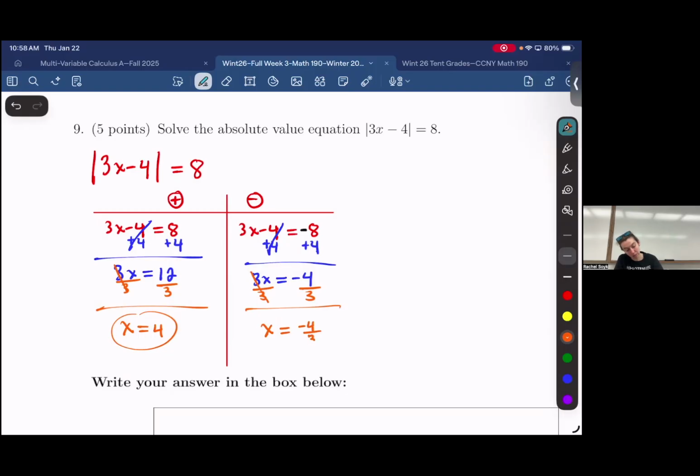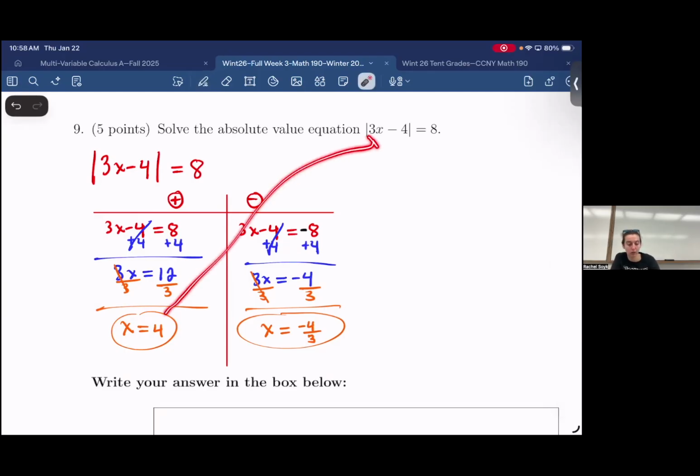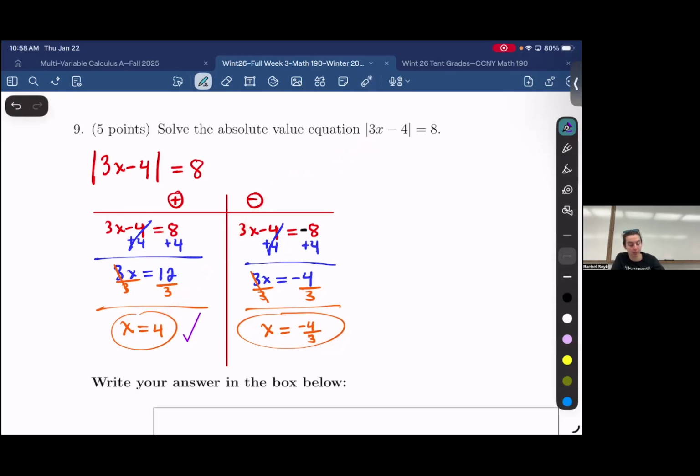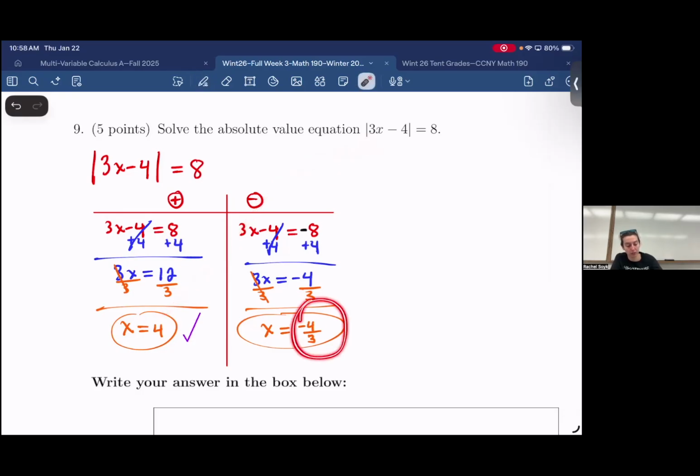Last but not least, we have to plug this back in to check to see if we have any extraneous solutions. So let's plug in 4. 3 times 4 is 12. 12 minus 4 is 8. Absolute value of 8 is 8. That does indeed work. Let's plug in negative 4/3. Negative 4/3 times 3 is -4. -4 minus 4 is -8.